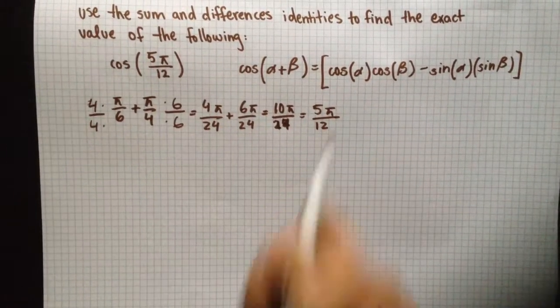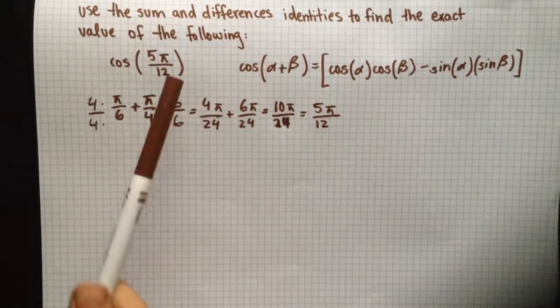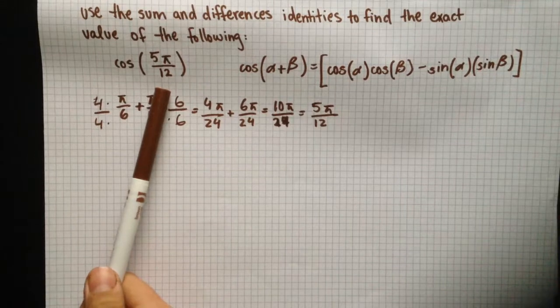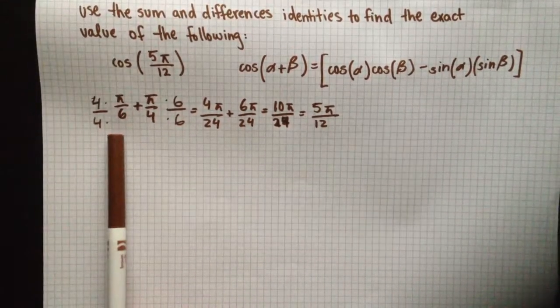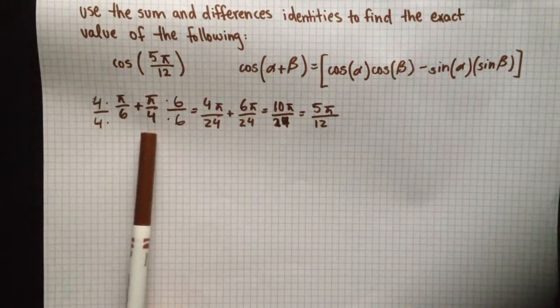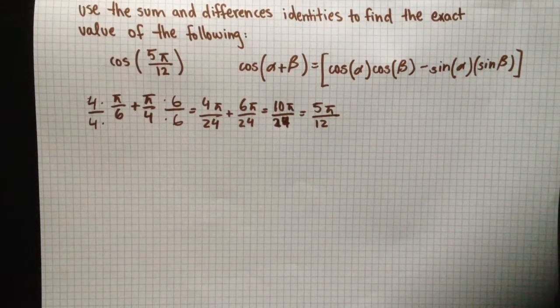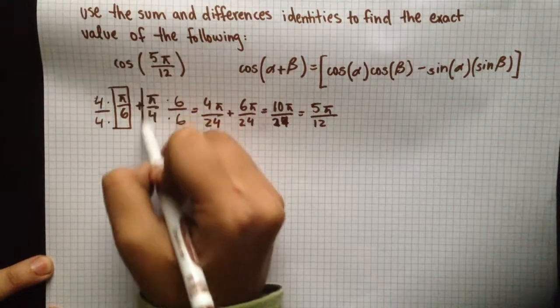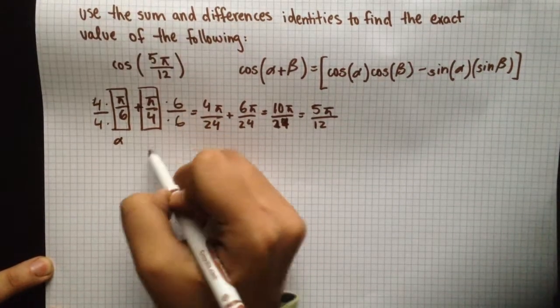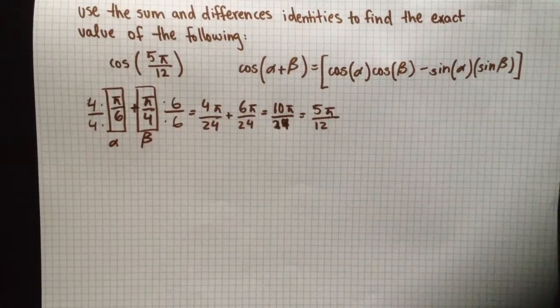Another way you can check is to convert this to degrees and get 75 degrees, and these two are 30 degrees and 45 degrees. So you know that 30 plus 45 equals 75. But these are our two angles that I am going to call alpha and beta.